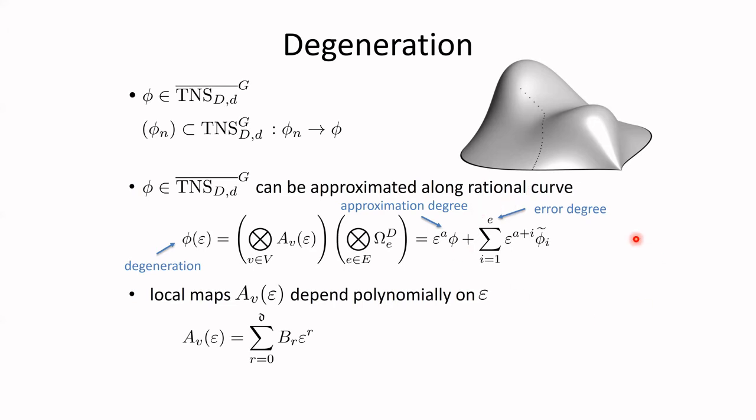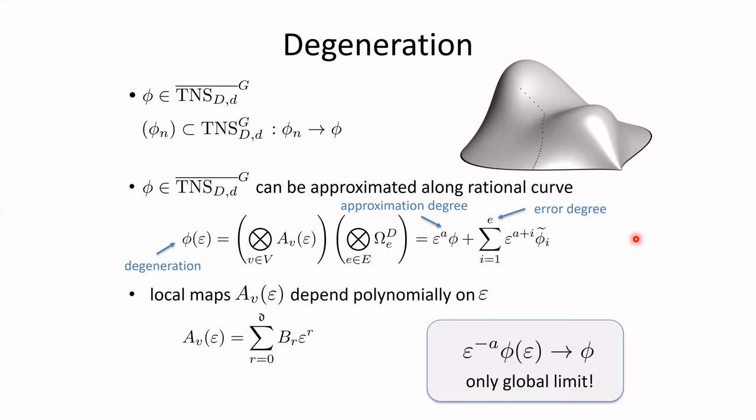And then if you have such a degeneration, it's easy to construct an approximating sequence. We just divide by epsilon to the power a and send epsilon to 0. And then the expression here will clearly converge to the state phi. But what is important to note is that this limit only will happen on a global scale.